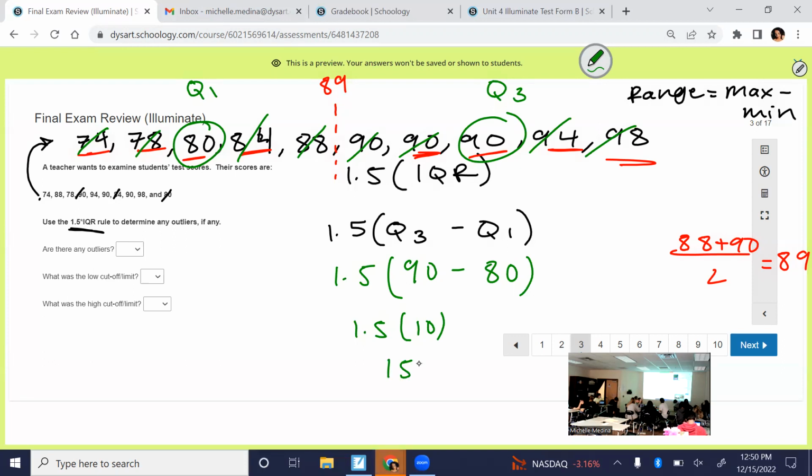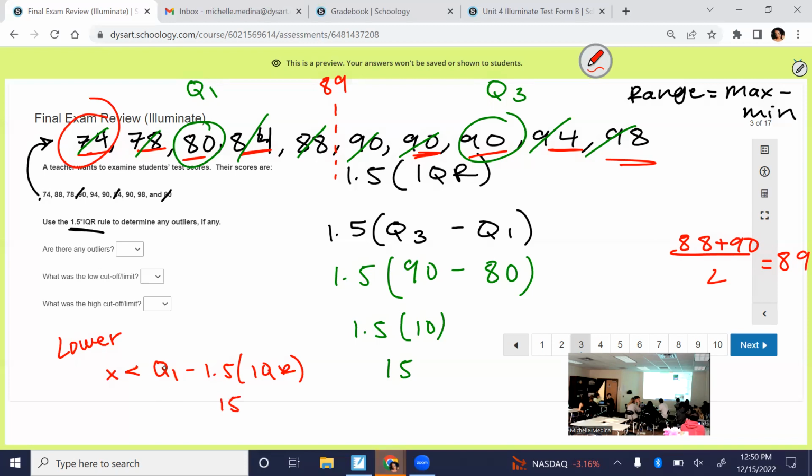15. So the rule is that if you're testing a lower extreme, like if we're testing 74, that's our lowest number. If it is smaller, so if X is smaller than, and since it's on the lower end, Q1 minus 1.5 times the IQR, which we just figured out, this portion would be 15.